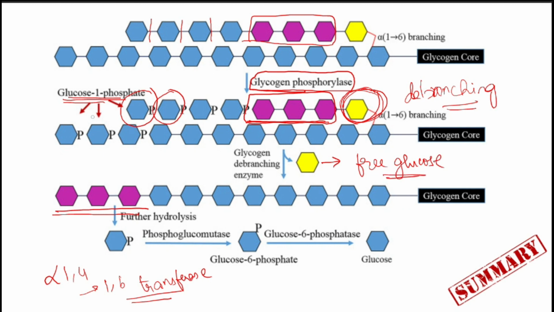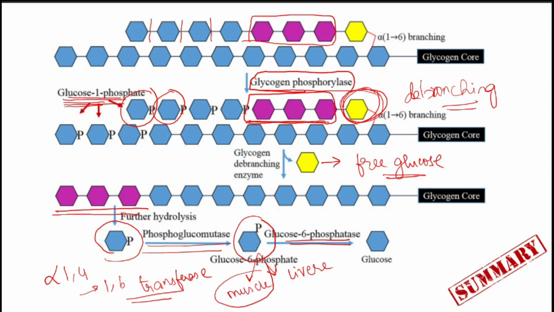The glucose 1-phosphate molecules are further converted into glucose 6-phosphate by phosphoglucomutase, and glucose 6-phosphate has 2 fates, in liver and in muscle. In liver, because of the presence of glucose 6-phosphatase, it is hydrolyzed to free glucose, which is released into the circulation.